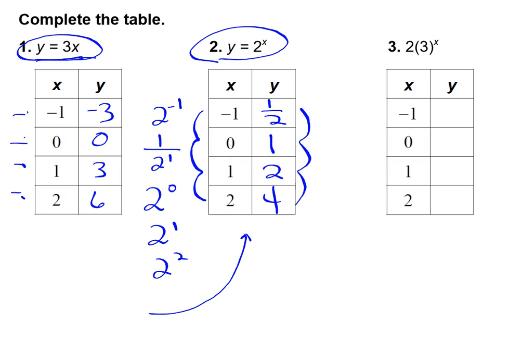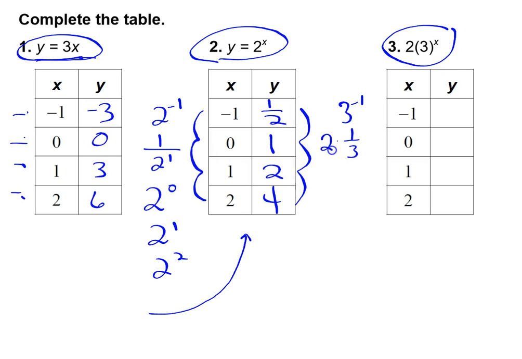I'm just pointing it out for now. Okay, so for this one, we have y equals 2 times 3 to the x. What happens first, the multiplication or the exponent? The exponent. So we're going to do 3 to the -1 first, which is 1/3.